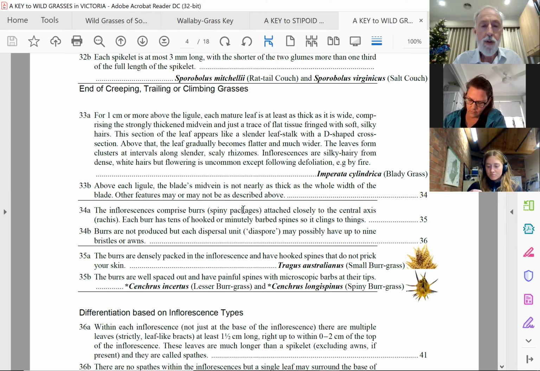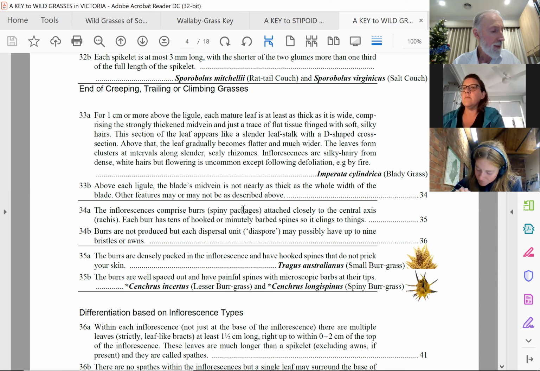And the edges of my leaf blade have curled in because they've been in the back of a car out at Toowoomba Vale in the heat. They were flat originally, but I'm hoping you would agree that the thickness of the leaf is not nearly as great as the width of the leaf. Having flattened my leaf blade out, it's about 3 millimetres wide and it's not 3 millimetres thick.